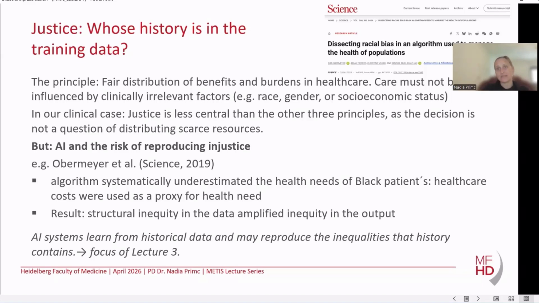And the result was that this system reinforced the very structural inequality it was supposed to help address. As I said, we will return to these issues in more detail in lecture 3, which will be dedicated entirely to questions of justice, inequality, and AI in healthcare.